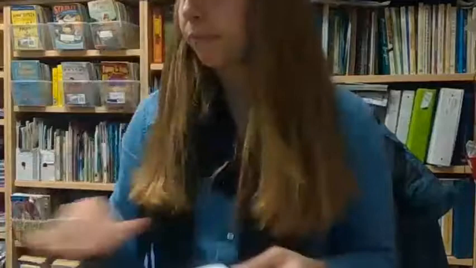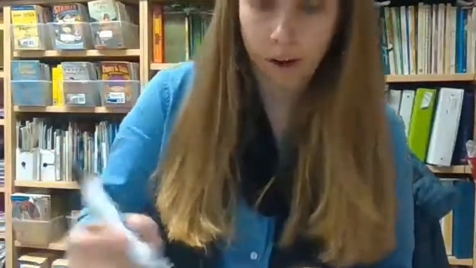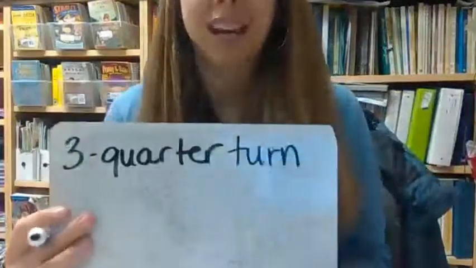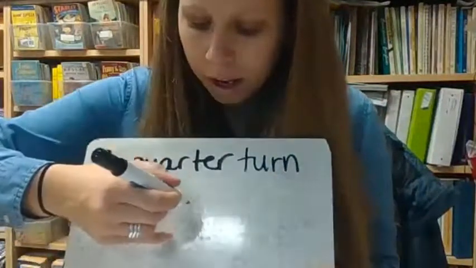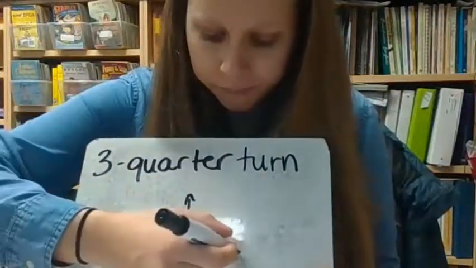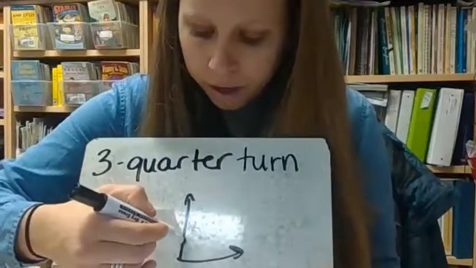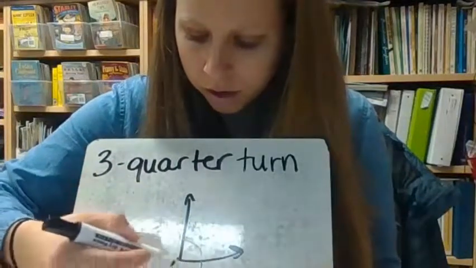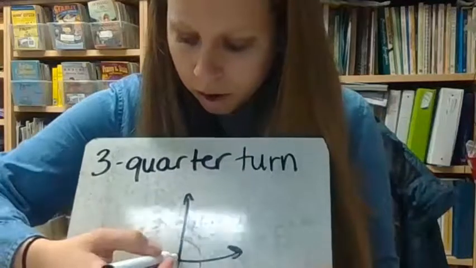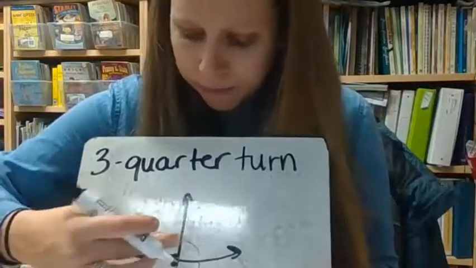A 3/4 turn means that we're talking about that quarter turn that we made, but doing it 3 times. Here was our quarter turn, but if we did a quarter and then a quarter and then another quarter, we'd actually be the whole way over here.